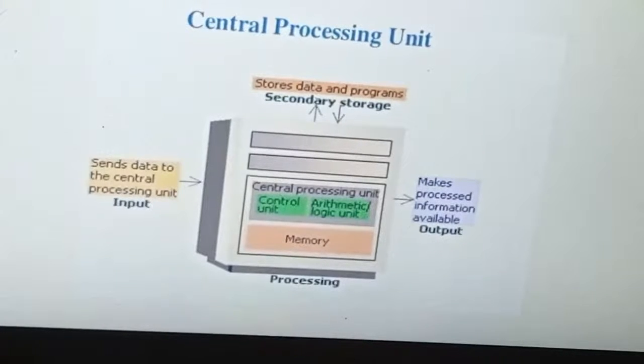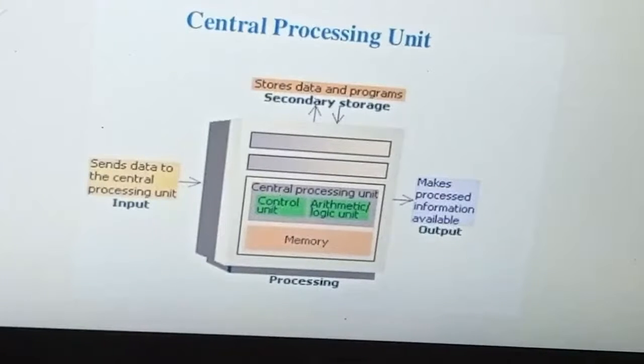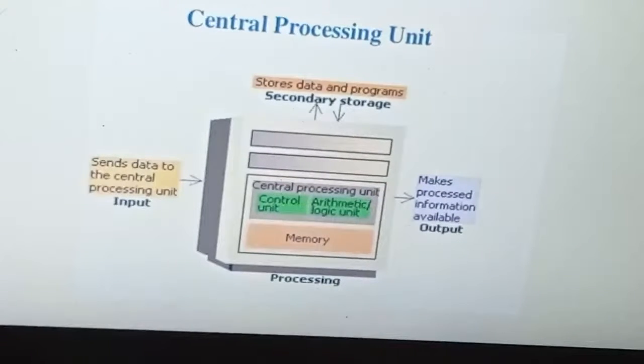A microphone receives sound as input and sends that sound to the computer. A webcam receives images of whatever it is pointed at and sends those images to the computer. This is about input devices.